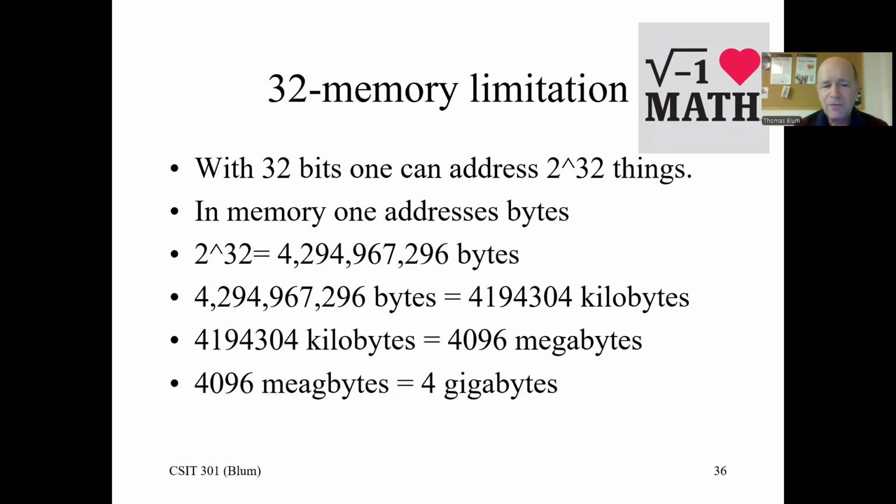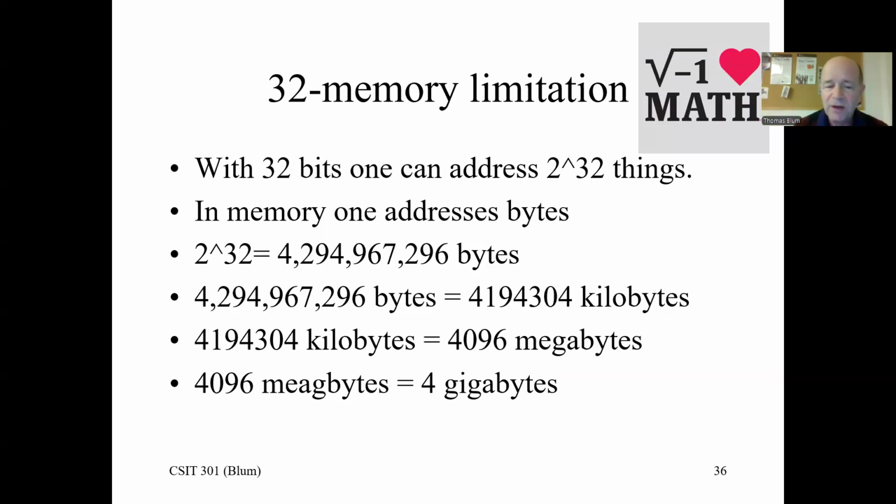But if we convert from a byte to a kilobyte, what are we dividing by? 1024 there, I think. And then we go from kilobytes to megabytes, that's another 1024.